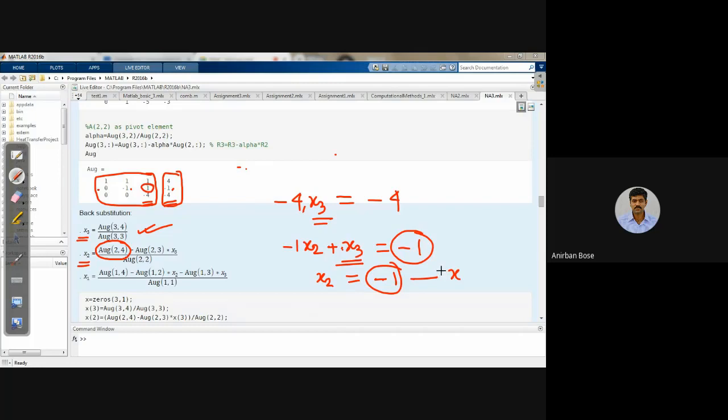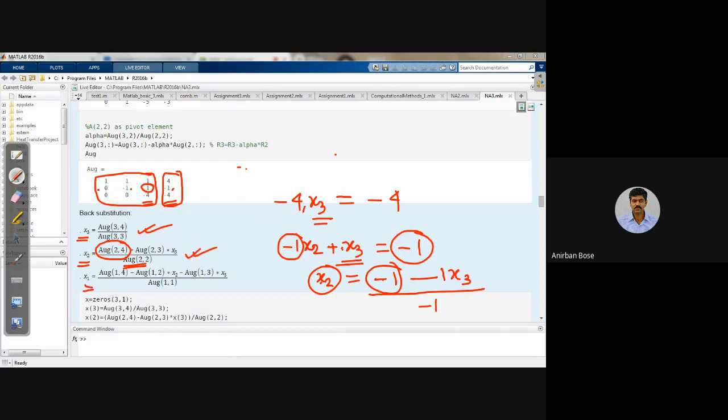So basically that into x3, and then divided by the coefficient on the diagonal, augmented to 2 divided by -1, that will become x2.